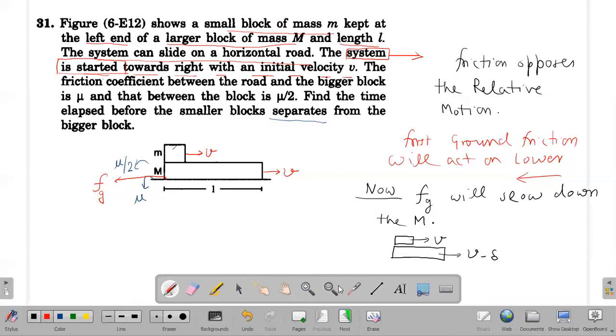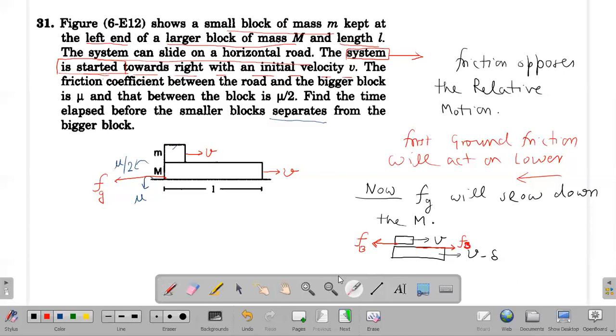When the upper block is moving faster than the lower block, the friction will oppose the motion of the upper block, that is Fb, the friction between the blocks. According to Newton's third law, the friction which acts on the upper block in the left side direction will have a pair, another friction of the same magnitude acting on the lower block in the forward direction.